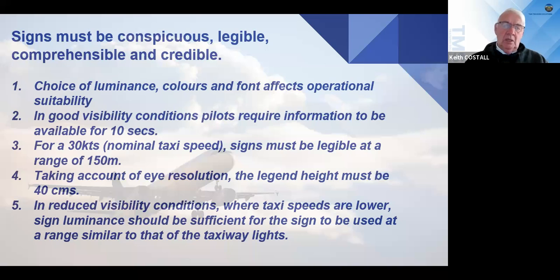In a non-category operation, that is a non-instrument or non-precision runway, where there is not a requirement for night flying, for example, the size and the shape and the letters and the numbers all have to be the same, but not necessarily illuminated. But we're talking about illuminated guidance signs.